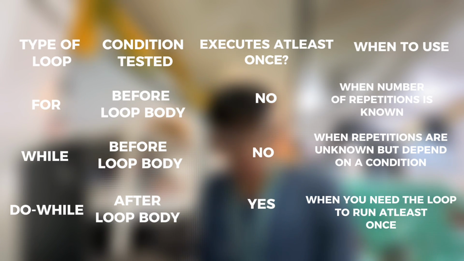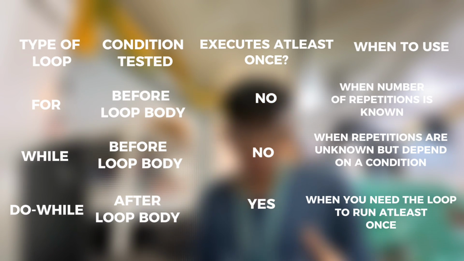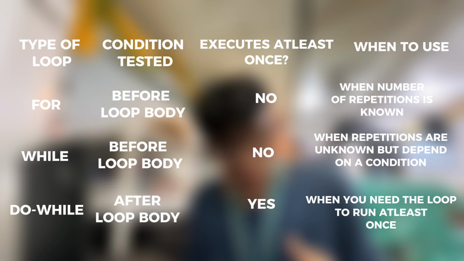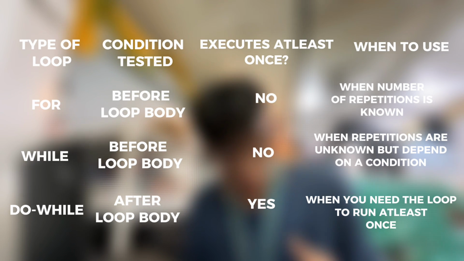We use it when repetitions are unknown but depend on a condition. For the do while loop, the condition is tested after the loop body, and it executes at least once. We use it when you need the loop to run at least once.